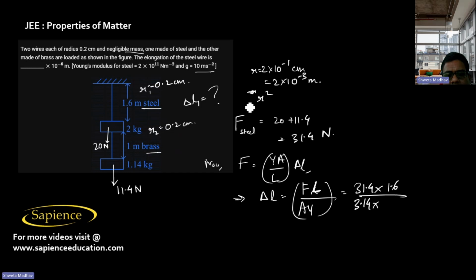So r square will be 4 into 10 power minus 6. Young's modulus is 2 into 10 power 11. So this is 31.4 into 1.6 divided by 4 into 2 into 3.14 into 10 power 11 minus 6.